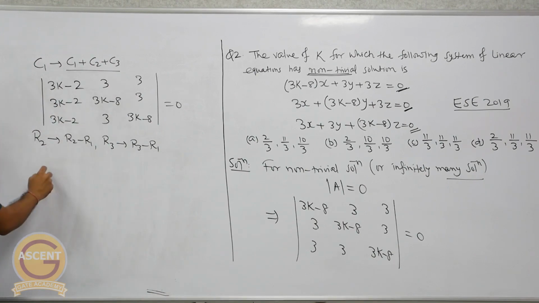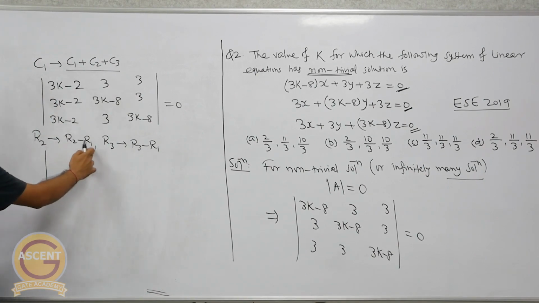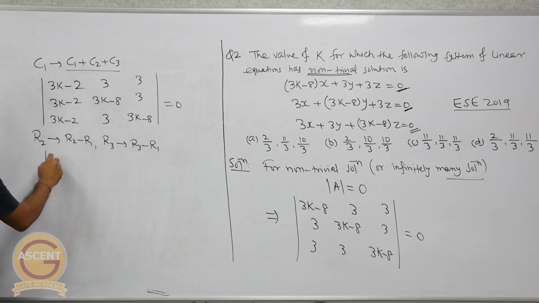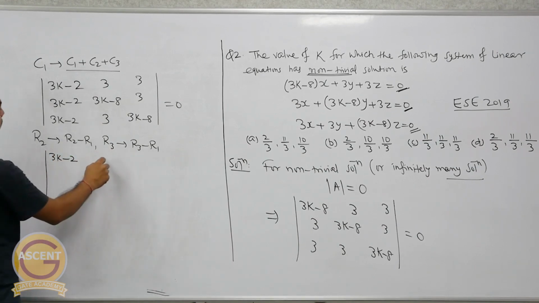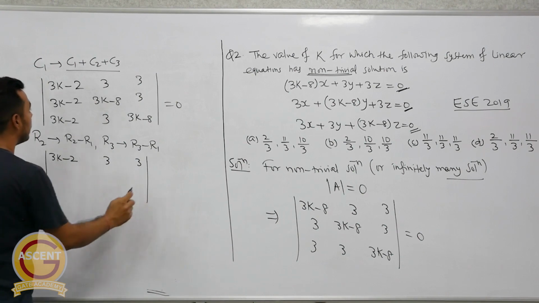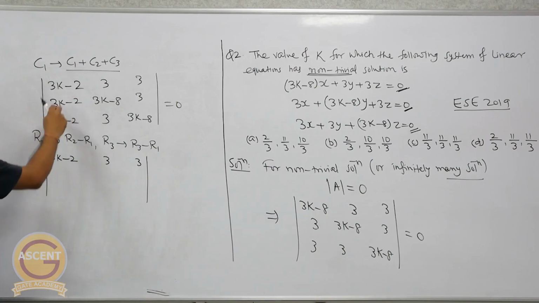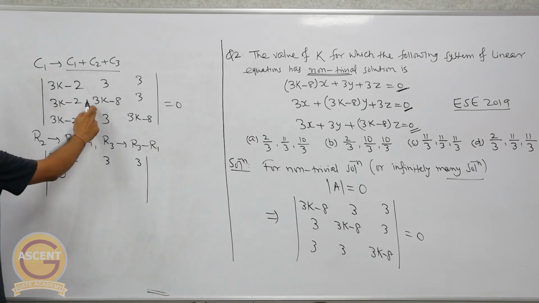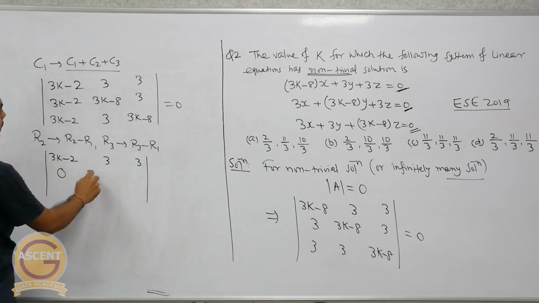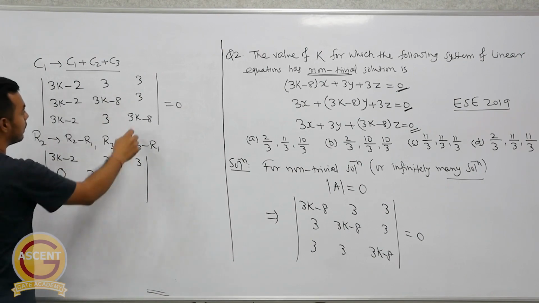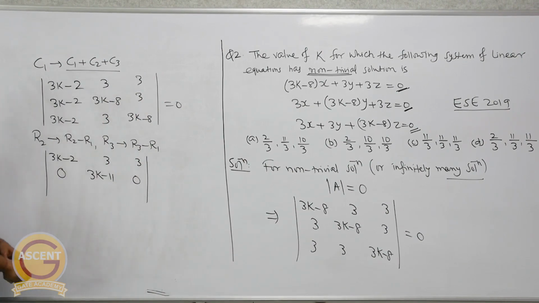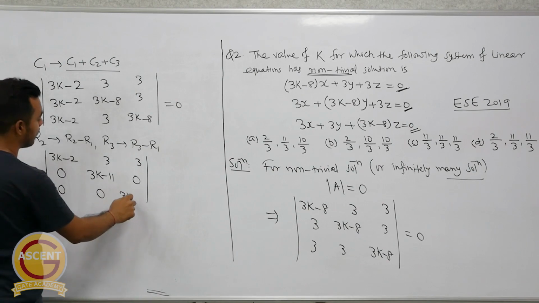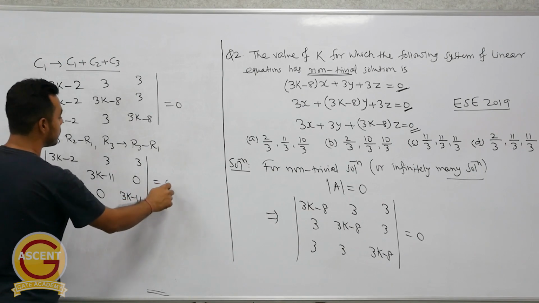So if I perform these two operations, our determinant will be 3k minus 2, 3, 3, then I will get 0 here, 3k minus 8 minus 3, so this will be 3k minus 11, 3 minus 3 is 0, and in place of R3 I write R3 minus R1, so you will get 0, 0, 3k minus 11, and this equals 0.